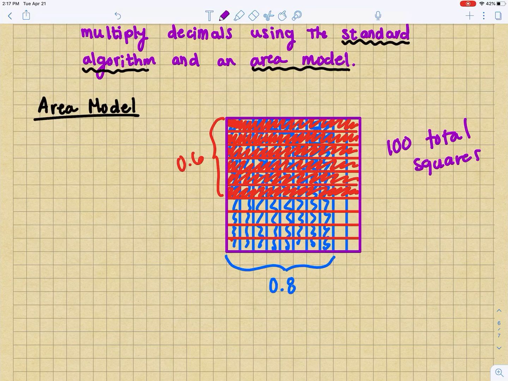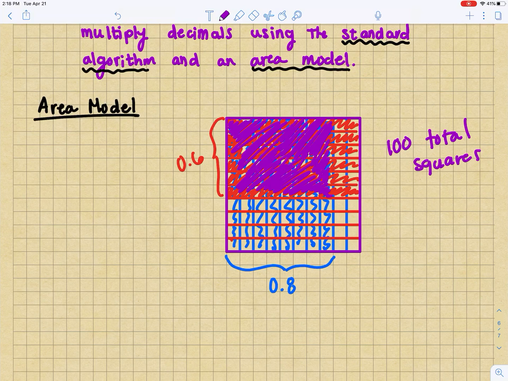If you're doing this with actual pen and not on an iPad like I am, your colors will definitely have mixed together. And you will notice that wherever your red and blue squares overlap, maybe not perfectly purple, but you'll get quite a bit of purple. And if you count those squares, you'll notice that there are 48 squares in that purple section.